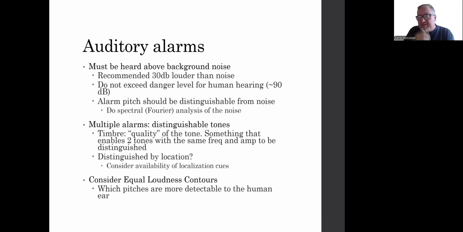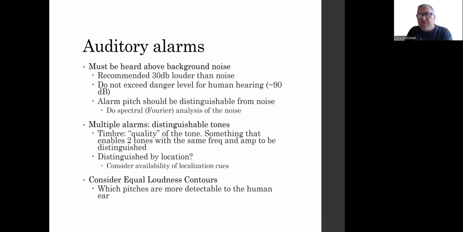Of course, that also means that we have to be mindful of the fact that we don't want to damage the hearing of the people that are going to be hearing these. So even though we want to have it sufficiently loud to be detectable, we also don't want to go into those 120 dB ranges where we're going to hurt somebody's hearing. So we're going to try to limit it to about 90 dB, and that's going to keep it reasonably safe.